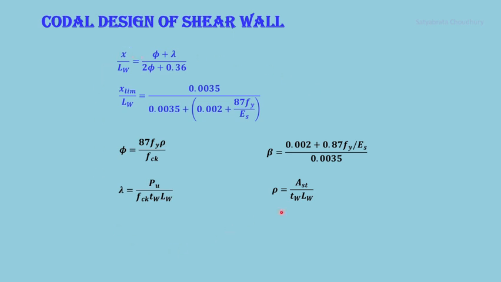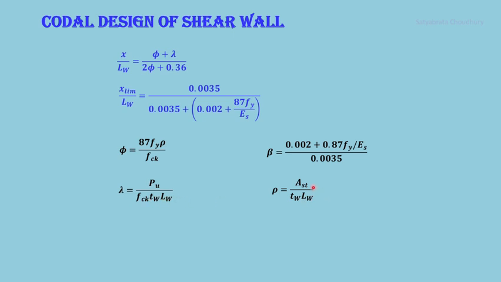These are the other parameters which are involved in the Codal method. X by LW is the ratio of the neutral axis depth to the vertical section we have taken earlier, which is the length of the wall LW. So this is given by this parameter, then X limiting by LW is given by these parameters. The other symbols used in these formulae: phi is given by 0.87 Fy, rho by FCK. Rho is the steel ratio we have seen in the previous slide. Beta is given by this, lambda is this.